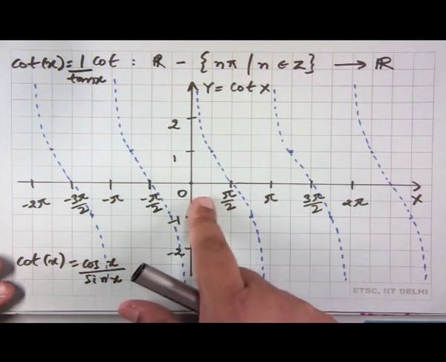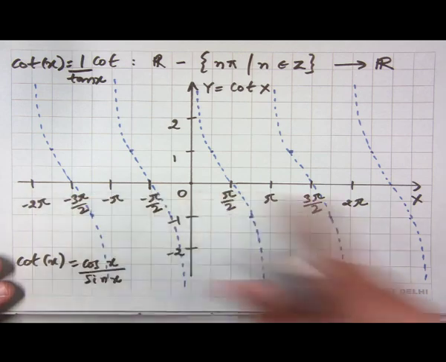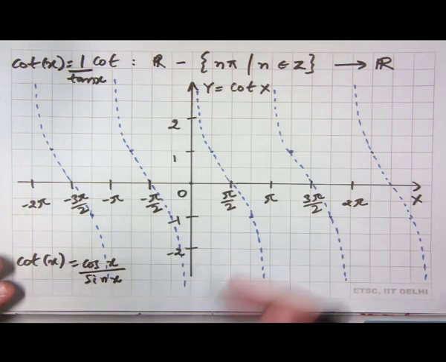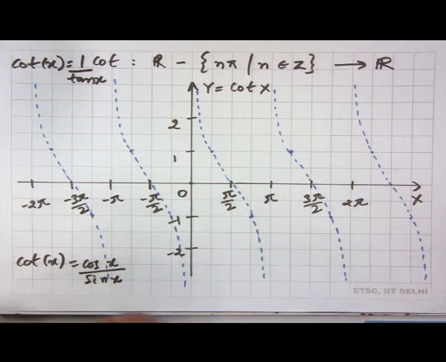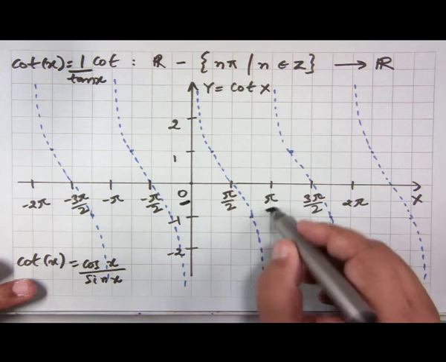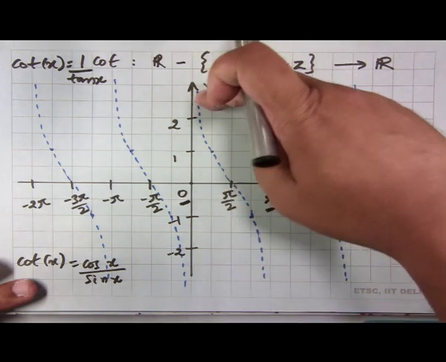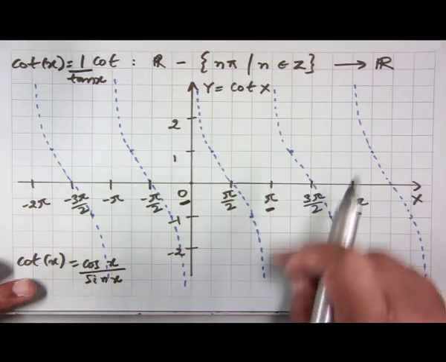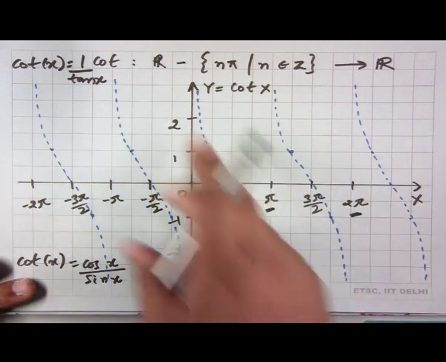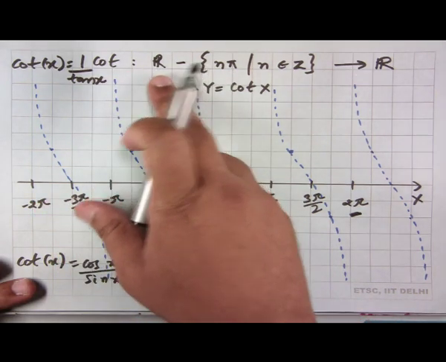And that is clear from this graph where we have plotted x on the horizontal axis and cot of x on the vertical axis. We can see that at integer multiples of pi, so for example, x equal to 0 or x equal to pi or 2 pi, the graph goes to either plus infinity or minus infinity. So, it becomes unbounded. And that is why when the domain of the cot function is defined, it is defined like this.